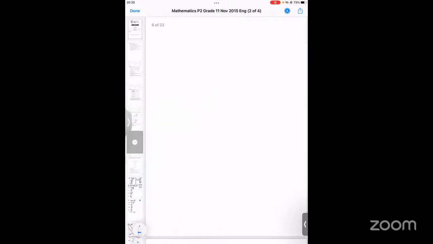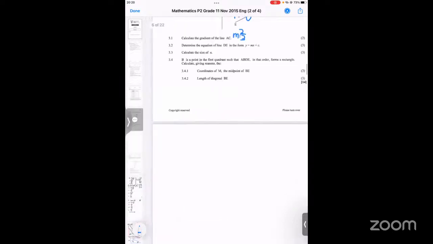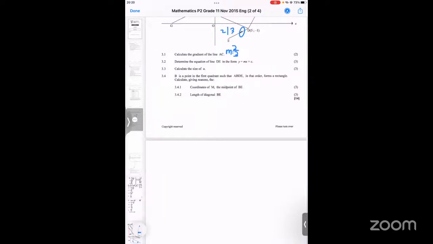Then for that equation that you're trying to find, y is equals to mx plus c, you already have the gradient, which is 2 over 3x plus c. All that you need is just a point, being that point D, which is 5 and negative 1.